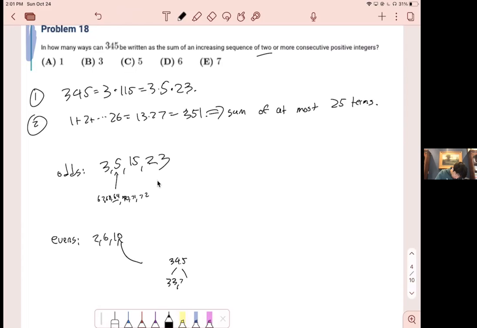So it would be 33, 34, and then 35, 36, 37, 38, 32, 31, 30. So you do something like this. For the evens, where it's 2 times an odd factor of 345, the average value that you need to hit is something point 5, which is perfectly fine because you can hit that when you have an even number of terms. And so this gives you a total of 4 plus 3 equals 7.